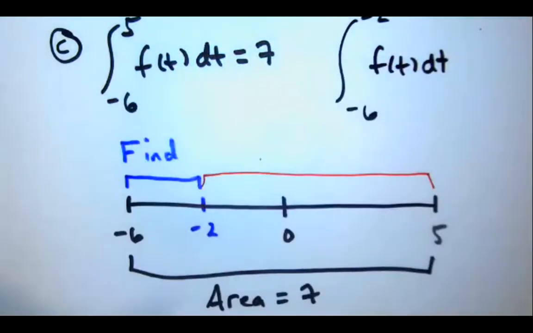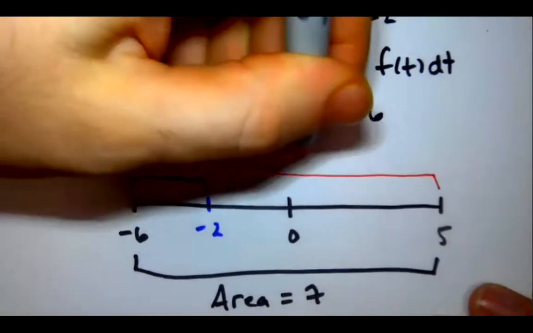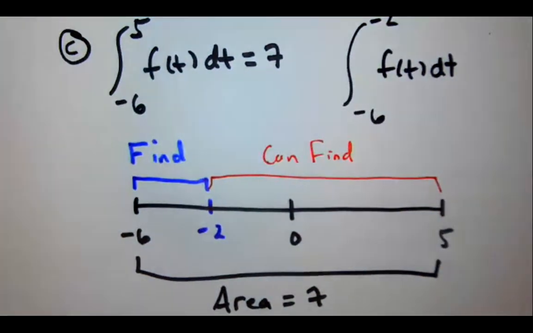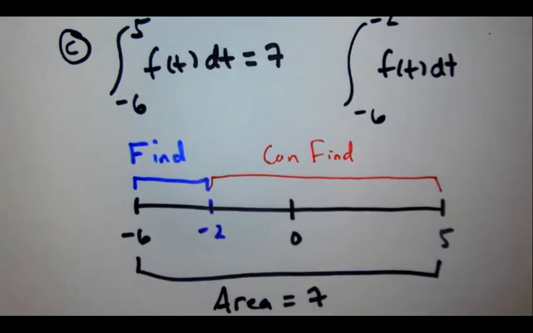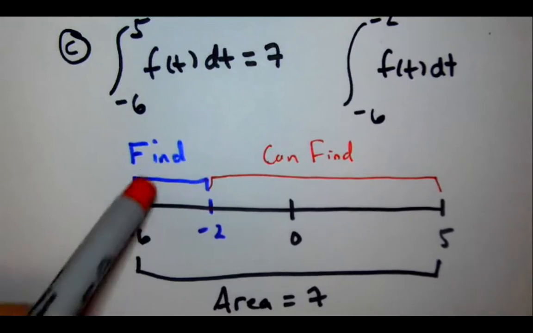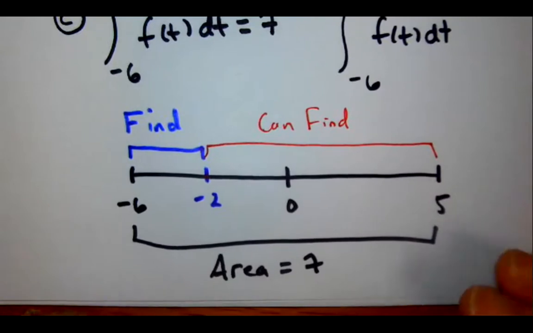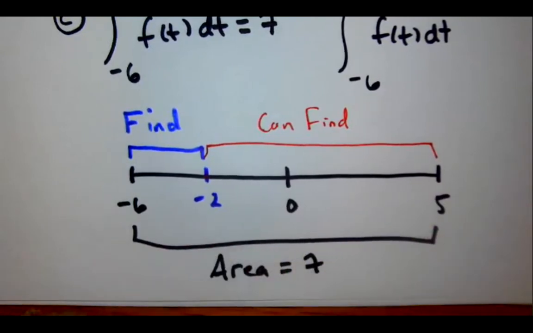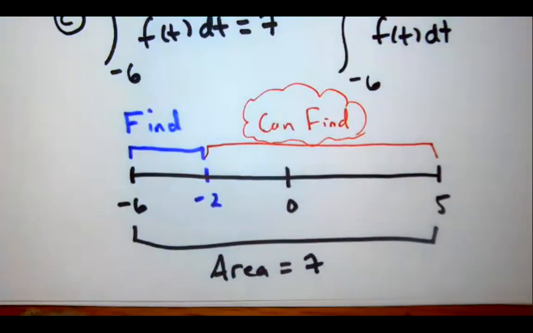So what Preston said is, well, we can find this. We can find the red stuff. The question asks us to find the blue stuff. So if I went and found the area of the stuff I could see, and this is the piece that I want, would it make sense to say that the answer to the question is 7 minus whatever that is?